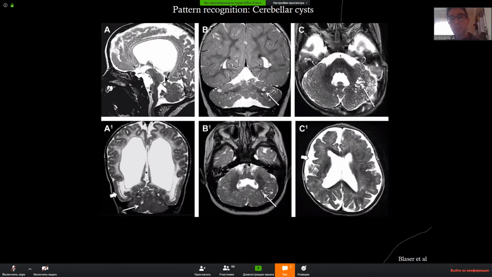Thanks. Okay, so now another thing you can do in terms of looking for a constellation of findings that I like very much is the presence of cysts.